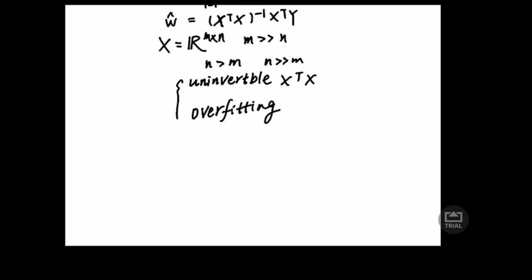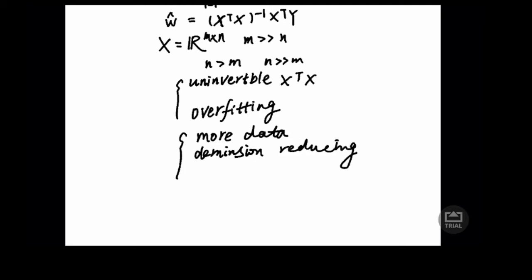To solve overfitting, commonly we have three different strategies. First, we can try to get more data. Second, we can do dimension reduction. And the third one is regularization.